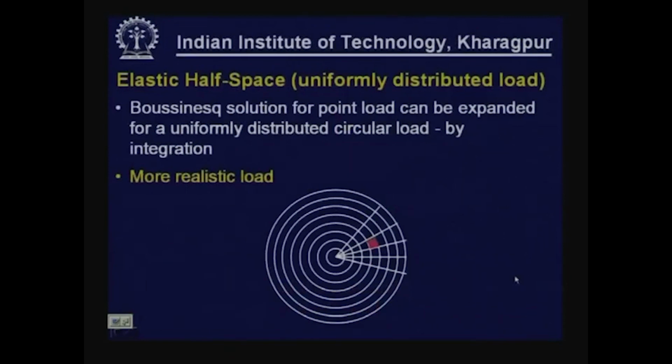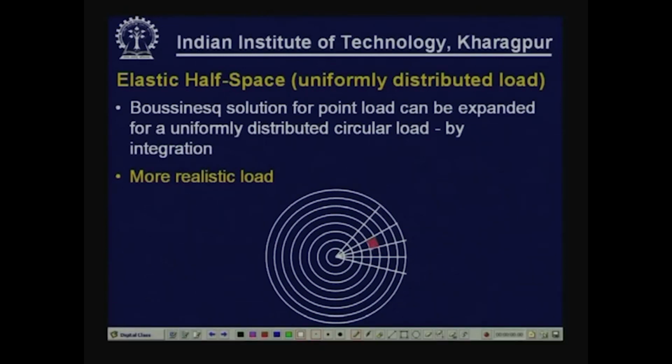The Boussinesq solution of a single layer system subjected to a concentrated load can be expanded to a uniformly distributed circular load by integrating the point load over the entire area. The circular contact area can be divided into small elements, and the load coming on each small element can be considered a concentrated load P, for which we have the solution.